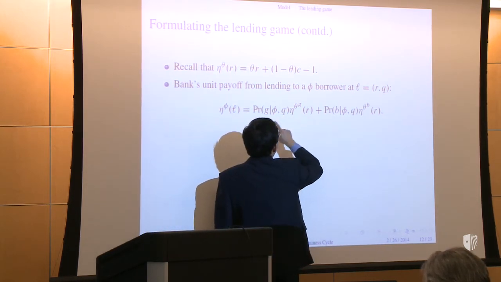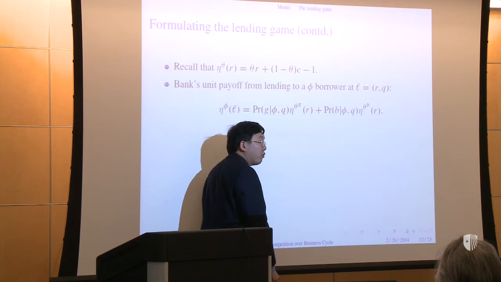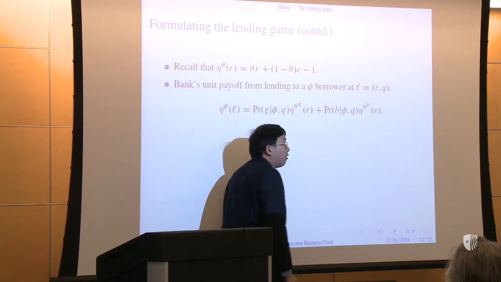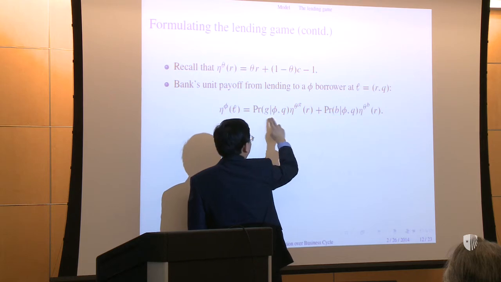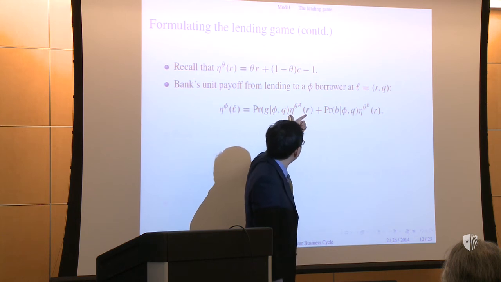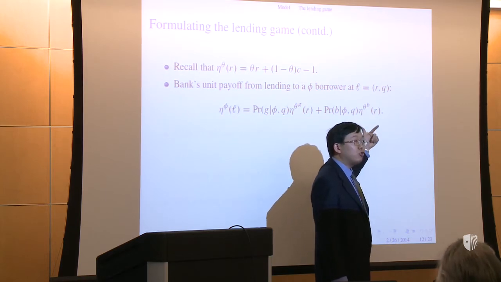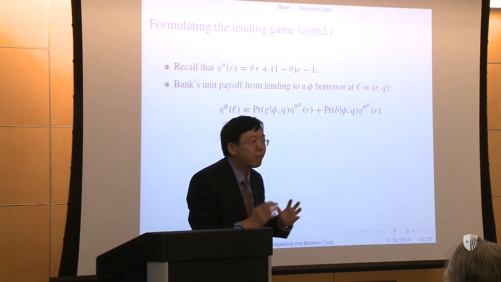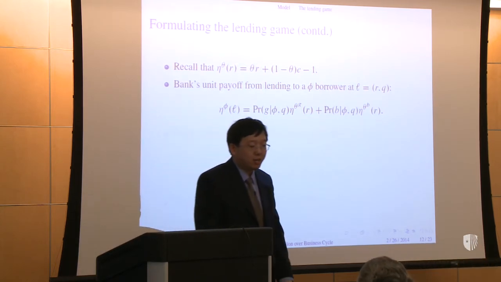Here is the conditional probability of having a good borrower by observing a signal phi, and this is the probability of having a bad borrower. I'm multiplying each probability with the payoffs. This one is the payoff from lending to a good borrower, this is the payoff from lending to a bad borrower, and this is the overall expected payoff from lending to a borrower who got a screening result of phi.